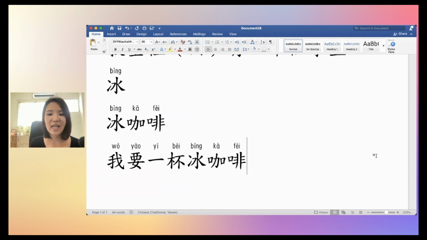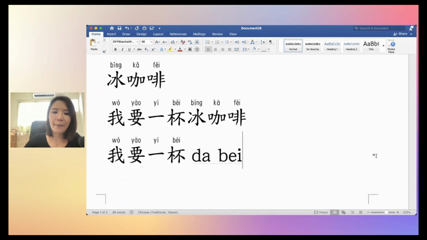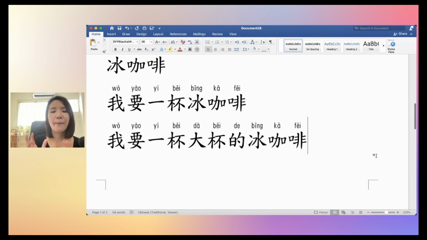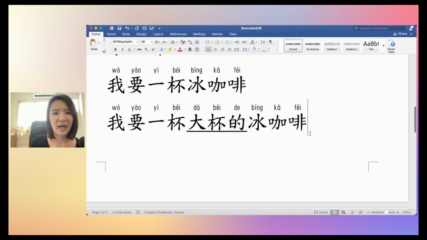And if you want to say I want a big cup of iced coffee, you would say 我要一杯大杯的冰咖啡, the big cup of iced coffee. So here is the size, 大杯, big cup, 大杯的冰咖啡.